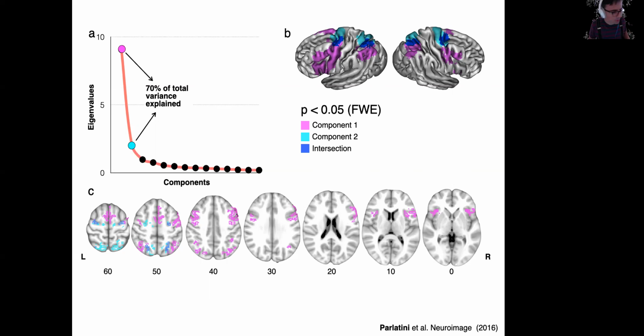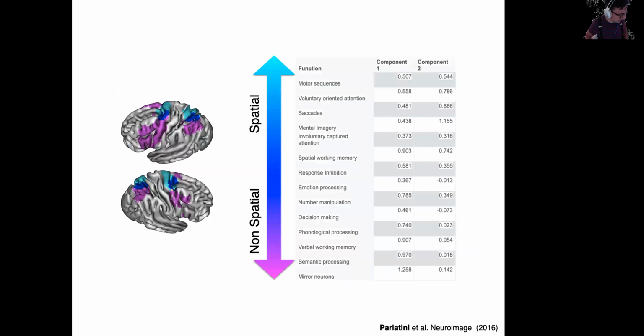So, how do you interpret the function of these components? To do so, you can look at how much each function we've been exploring loads onto these components. Here you have the representation of the table of the loading of each component.